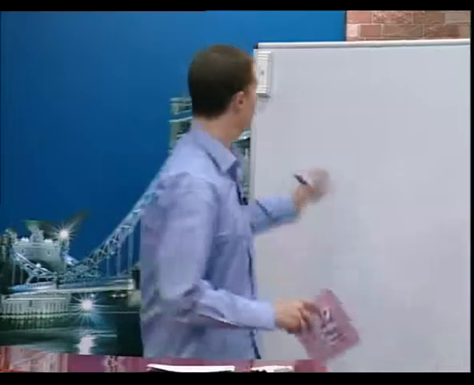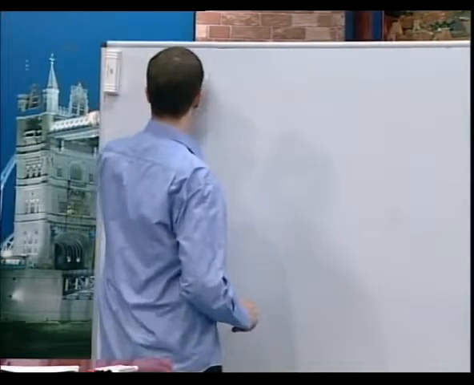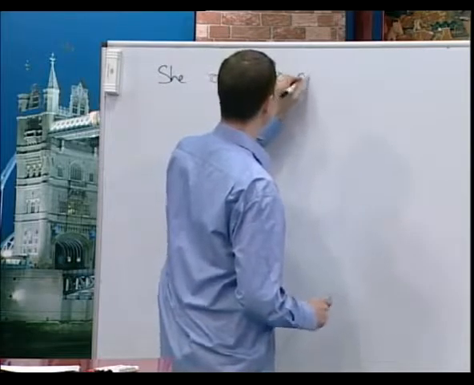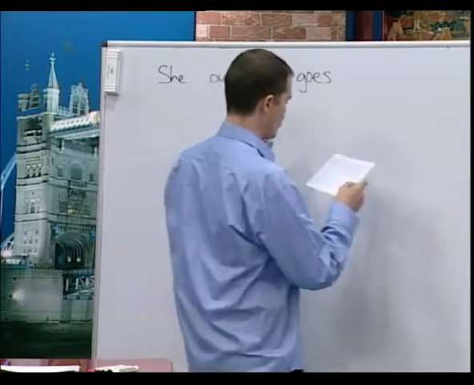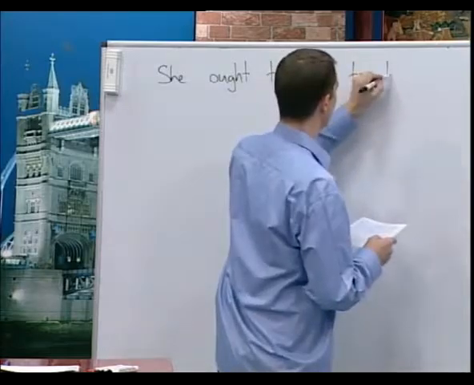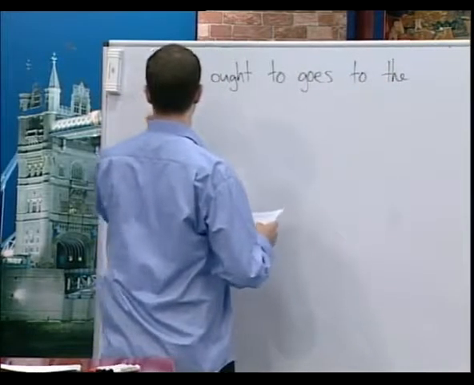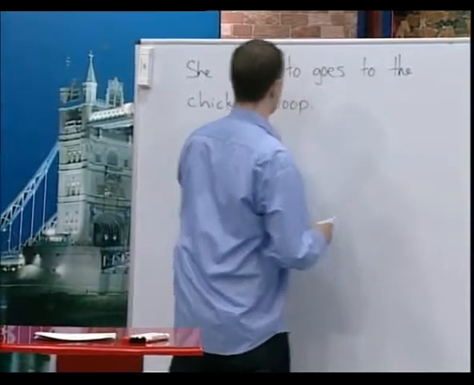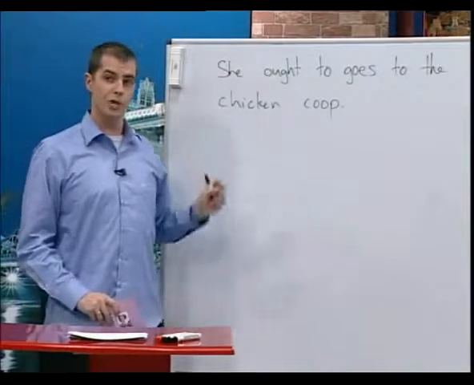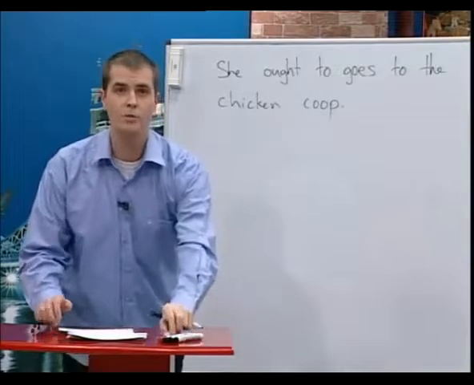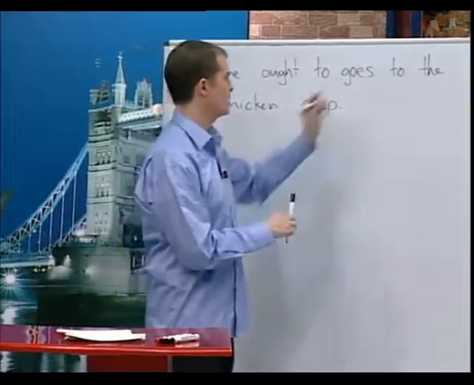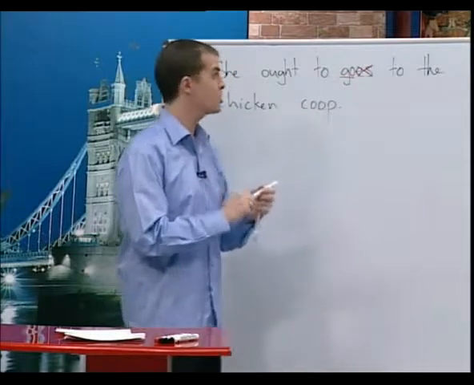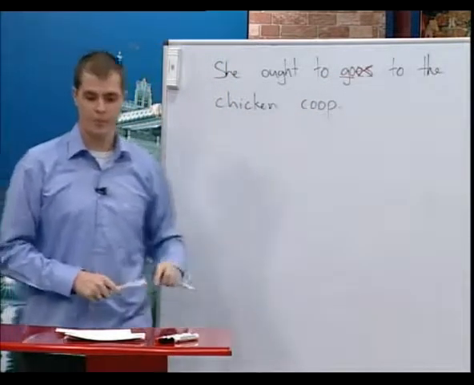For example, "she ought to goes to the chicken coop" is, of course, wrong, because this is not a simple form of the verb. Just go. She ought to go to the chicken coop.